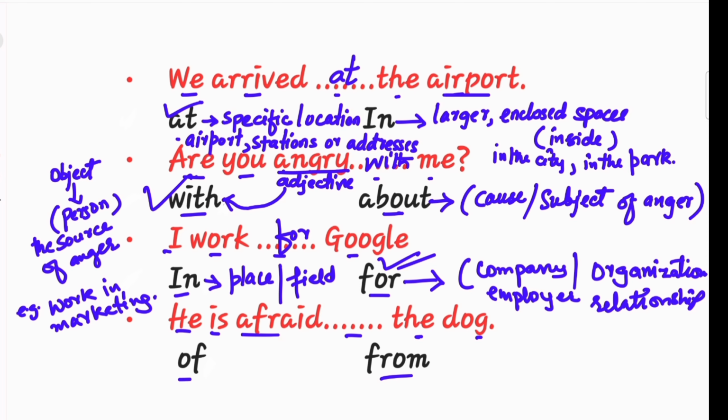Of or from? The adjective afraid is paired with of to show the thing that causes fear. For example, he is afraid of the dog. Afraid from is not standard English.